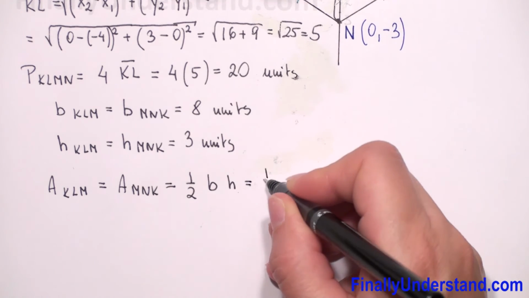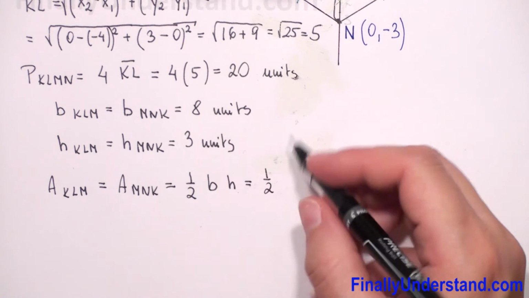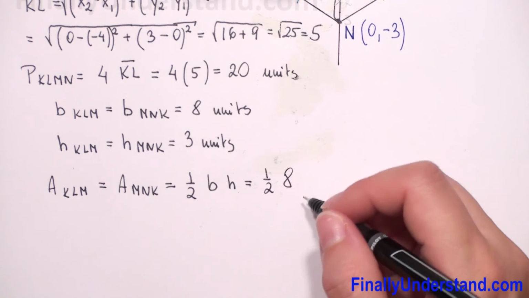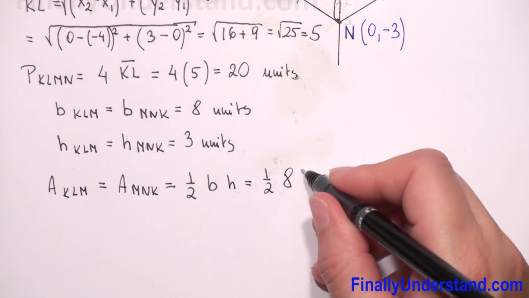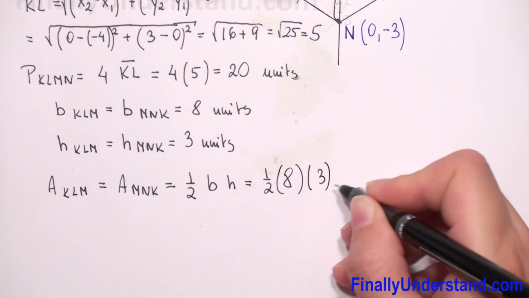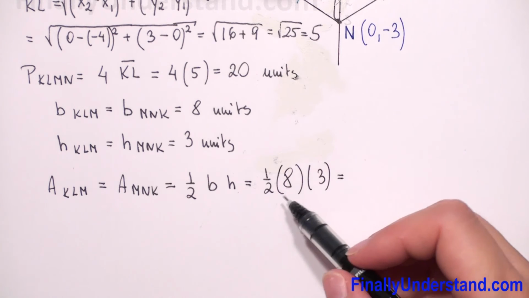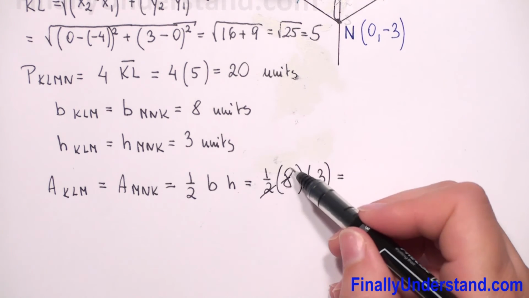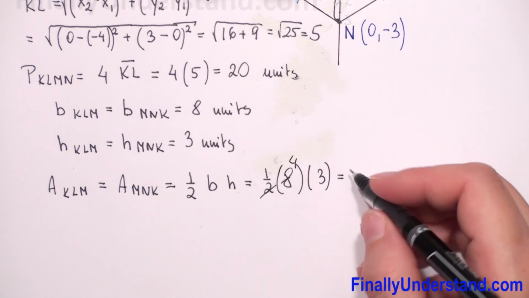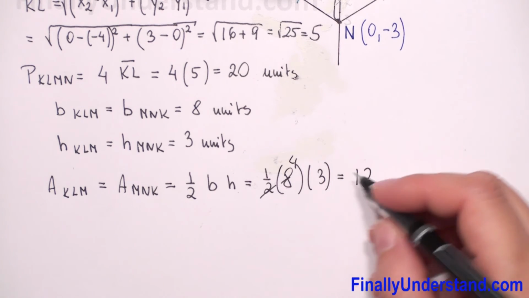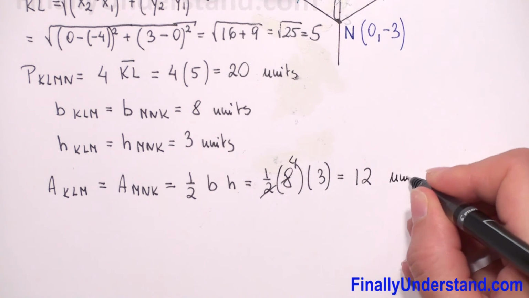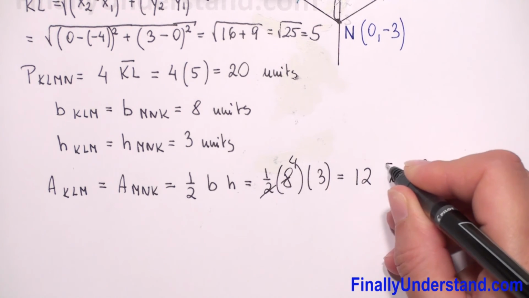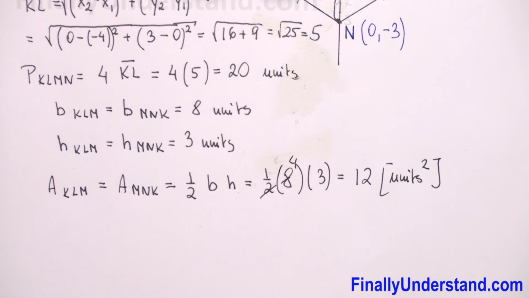So this is equal to 1/2 times B, which is 8 units, times height, which is 3 units. So we have 2 and 8 we can reduce. So we have 4 times 3 is 12. And of course, because we have area, it will be square units. You can put in brackets.